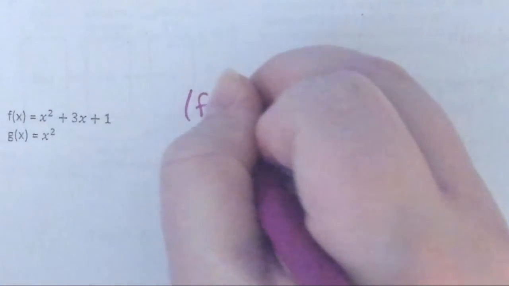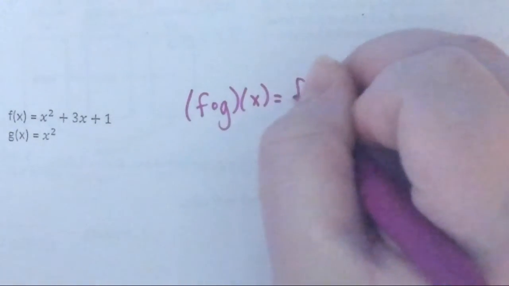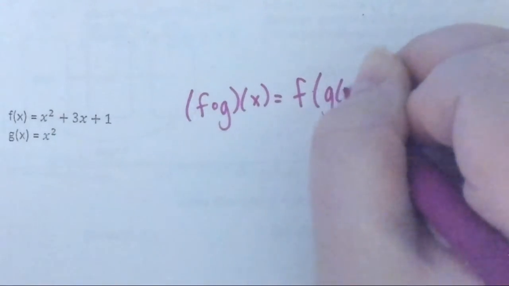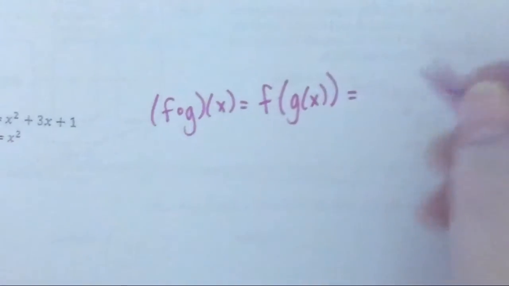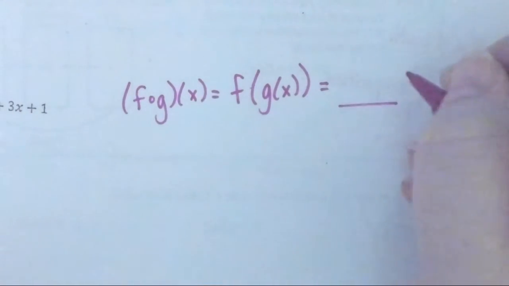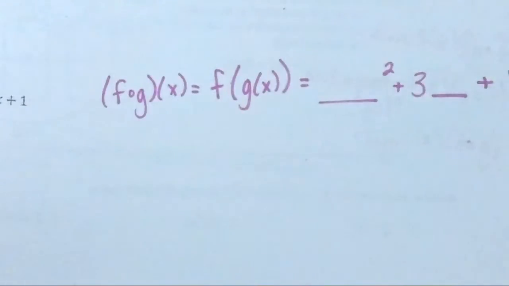Okay, let's go to number 3 and go ahead and do f of g. So if I want to find the function composition f of g of x, that means I want f evaluated at g of x. So f used to be x squared plus 3x plus 1.